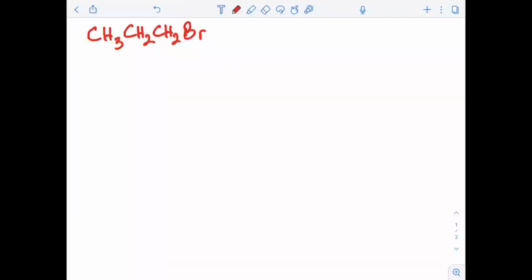So how would you name something like this? The first thing you want to do is start naming at the carbon that is closest to the substituent. In this case, the substituent, which is this bromide ion, is connected to this carbon. So you will name it from this direction. So you know 1, 2, 3 is propane.